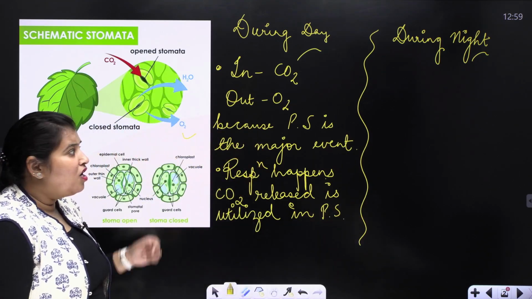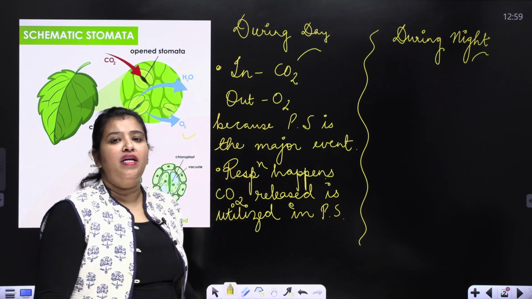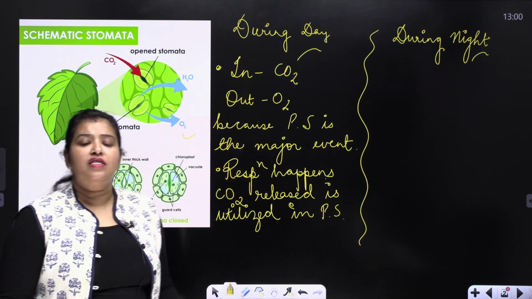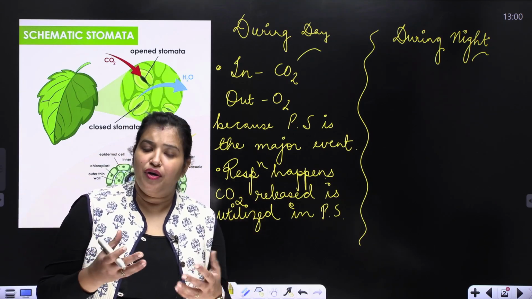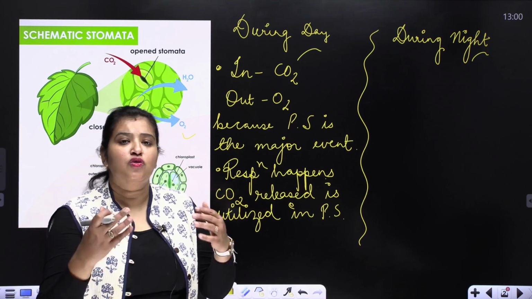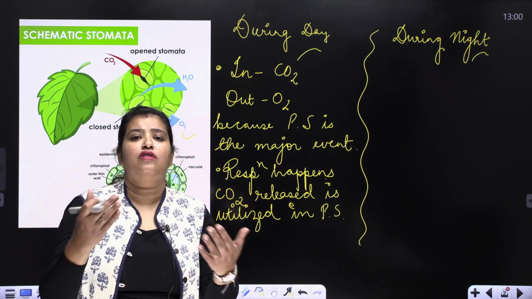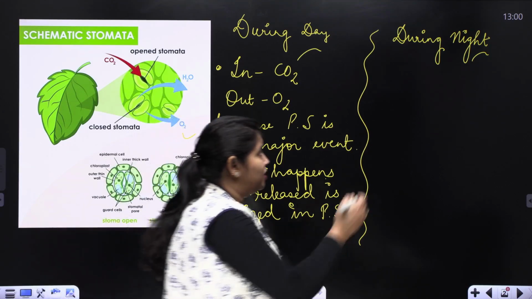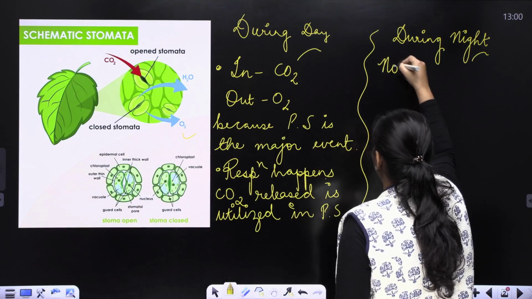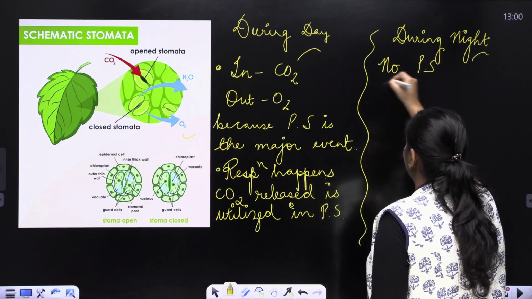That is the reason oxygen evolution is the main event, because the plant is taking up all the carbon dioxide it gets from the atmosphere, and whatever respiration gives it, it is using it all in the process of photosynthesis. But at night, no photosynthesis is going to take place.